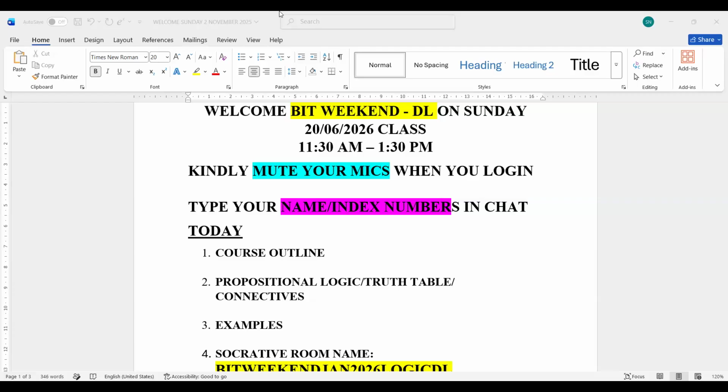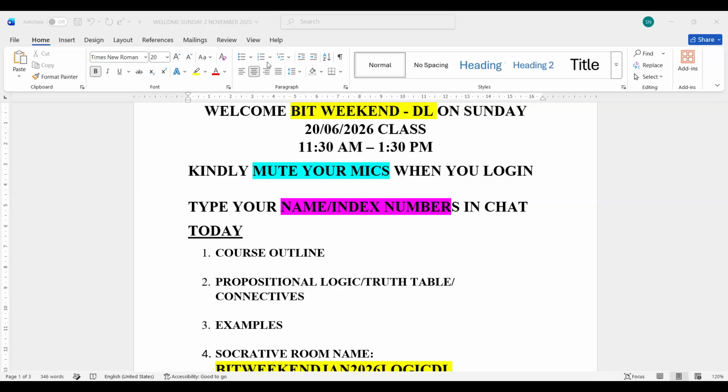Okay, so this morning we want to look at the course outline for this course, what it entails in what we call discrete structures, and then we'll delve into the first topic, logic, propositional logic.